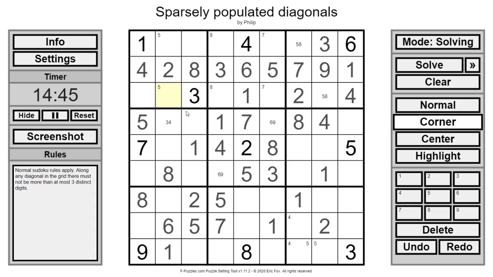Ah, 5 here doesn't work. So my theory there was that this is a 4, 5 pair, and this would be the outlier, just because it made sense to me.